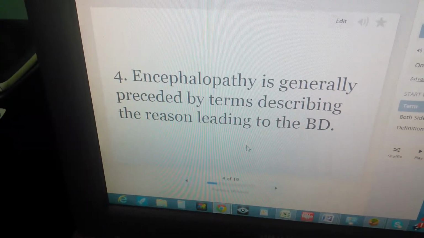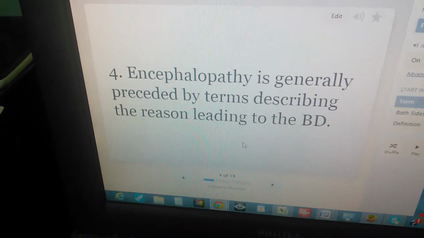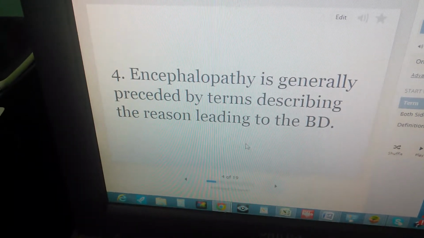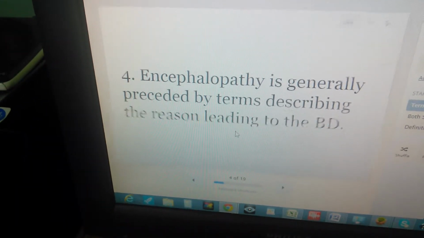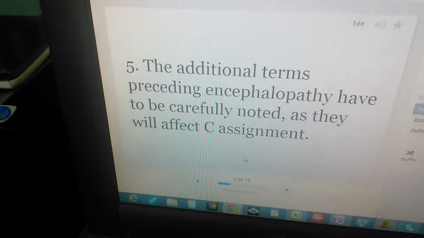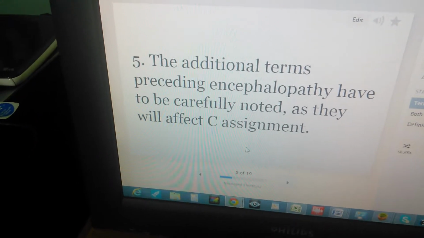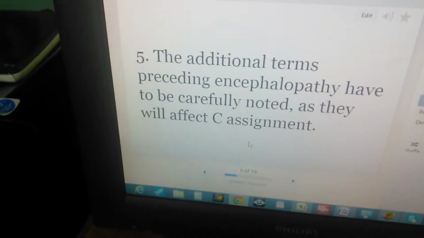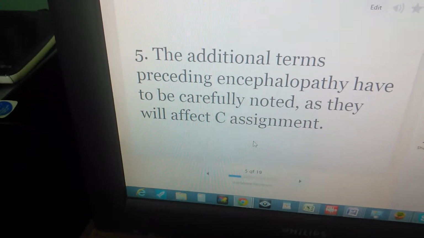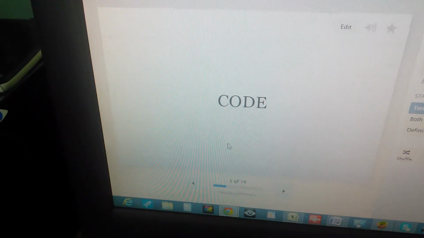Encephalopathy is generally preceded by terms describing the reason leading to the BD... Brain disorder. The additional terms preceding encephalopathy have to be carefully noted as they will affect C assignment. Code.